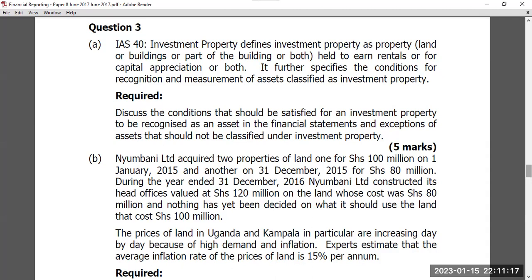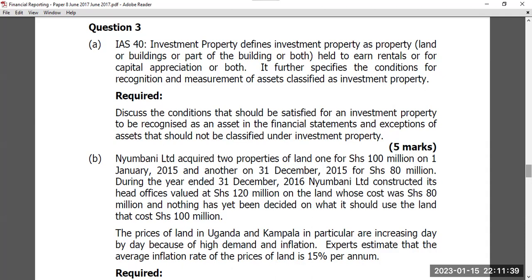But what you have to keep in mind as a reminder is that whenever we are talking about these long-term assets, we are basically looking at the purpose. What are they being used for?